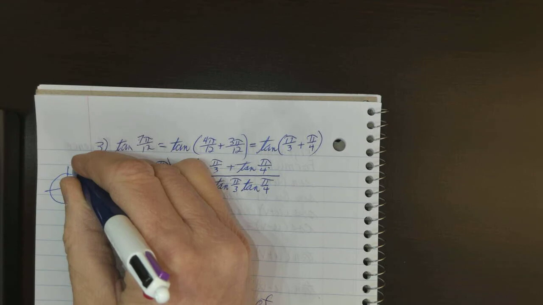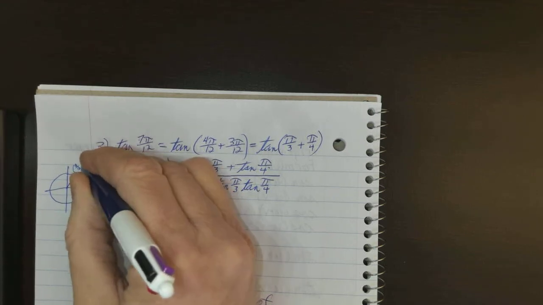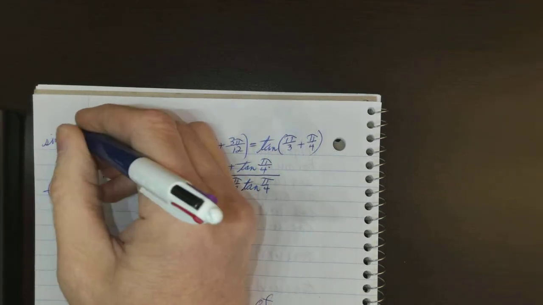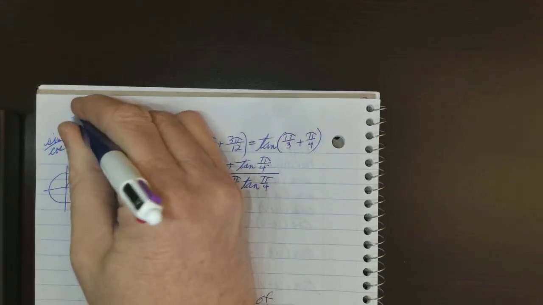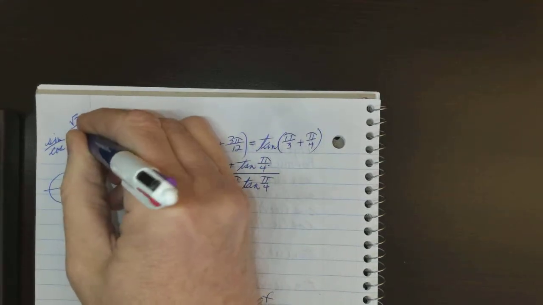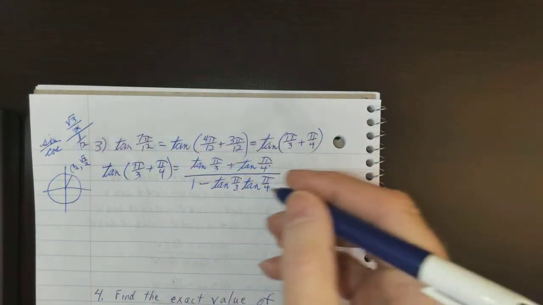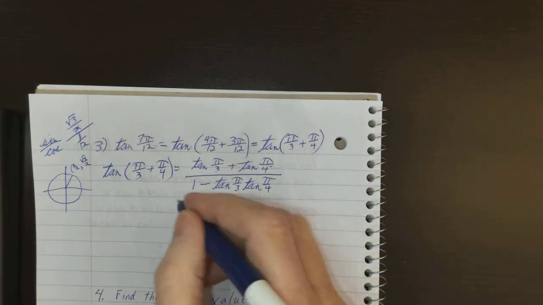The cosine is 1/2, and the sine is square root of 3 over 2. When I do sine over cosine, I've got square root of 3 over 2 over 1/2. We've done a lot of simplifying with that. Those 2's cancel out. So the tangent of pi over 3 is square root of 3.